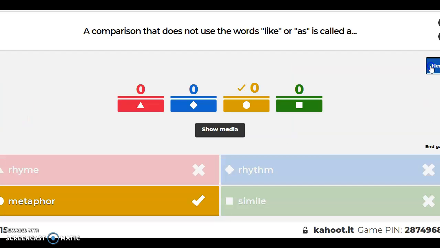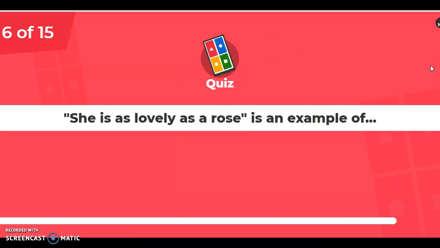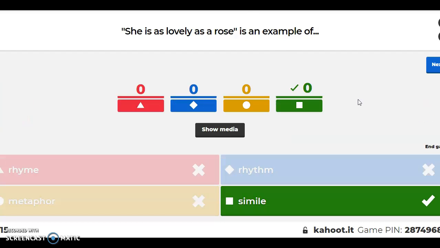A metaphor. She is as lovely as a rose is an example of rhyme, rhythm, metaphor, simile. A simile.